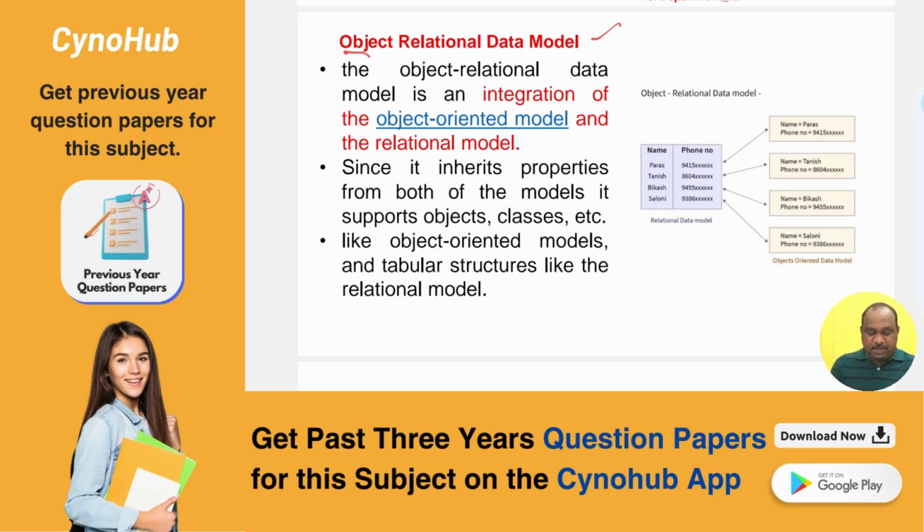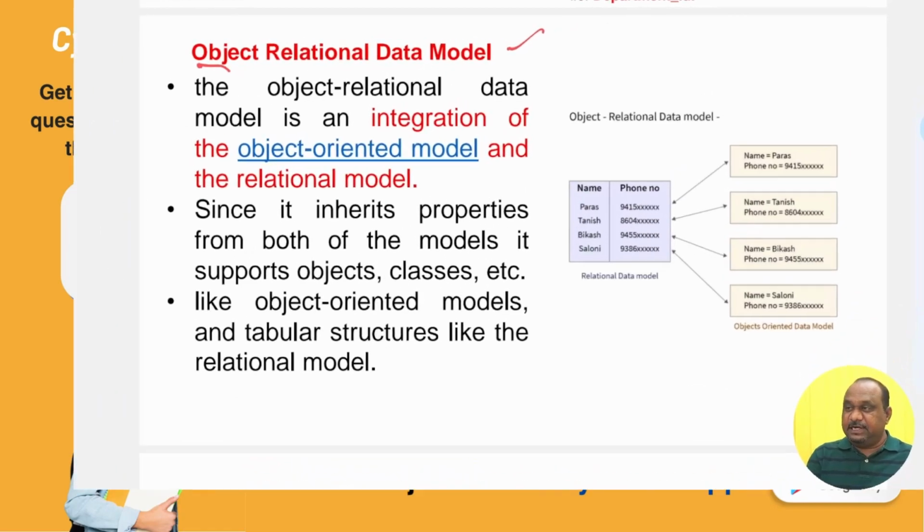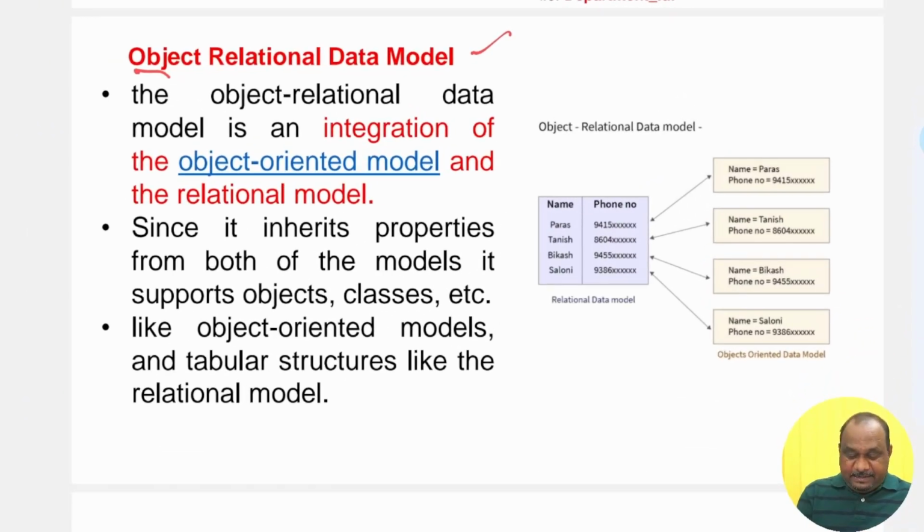If you observe, the object relational data model is an integration of the object-oriented model and relational model. We discussed already what is the relational model. We discussed already the object-oriented model. Now it's an integration of both of these. Then that represents the object relational data model.